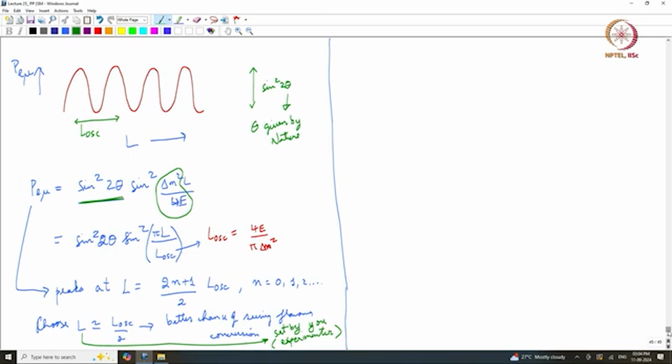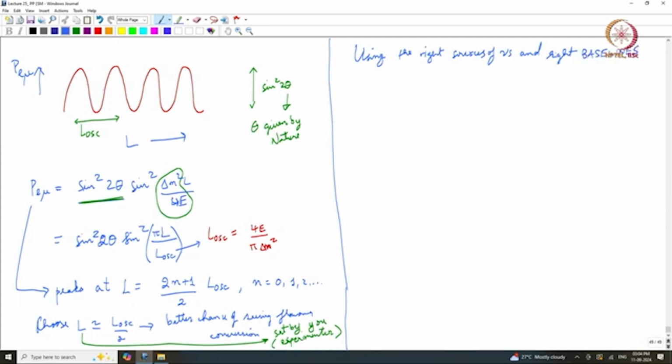So I am going to say that, let me just quickly write this so you understand what I am saying here. Using the right sources of neutrinos and right baselines.